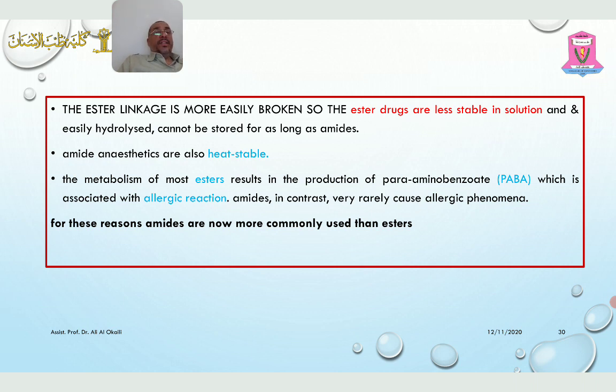Amide anesthetics are also heat stable, and the metabolism of most esters result in the production of para-aminobenzene, which is associated with allergic reaction, and the amides, in contrast, very rarely cause allergic phenomena or action. For these reasons, amide group are now more commonly used than esters.